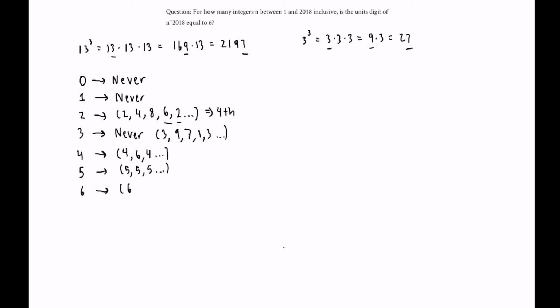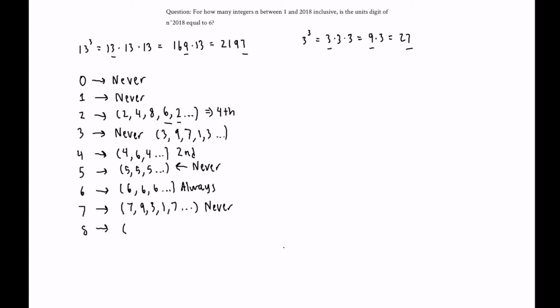The pattern for the units digit is 6, 6, 6, and so on. 7 will never have a units digit of 6, no matter what power you raise it to, as the pattern is 7, 9, 3, 1, 7, and then repeat. 8 will have 6 as a units digit every fourth time, as the pattern is 8, 4, 2, 6, 8, and then repeat. 9 will never have 6 as a units digit, as the pattern is 9, 1, 9, and so on.